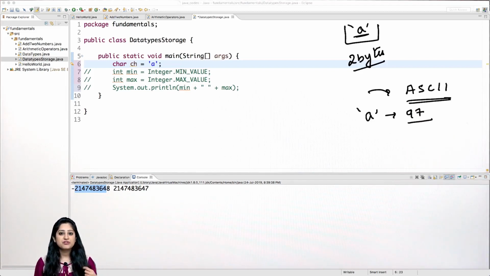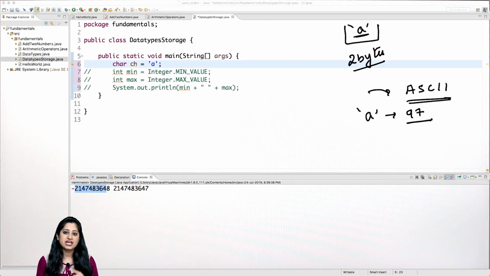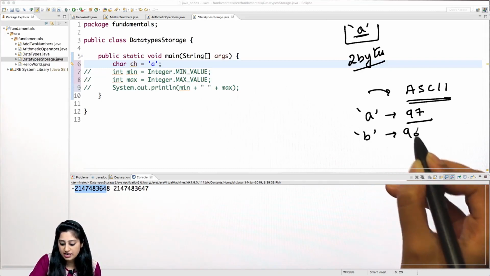That means when you are trying to store A in here, 97 in its binary form is ultimately going to be stored. So the system will figure out that you are talking about A, the ASCII value of A is 97. It will convert 97 to binary and then store that binary value in the system. Right? Similarly, if you have B, B will be 98 and so on.